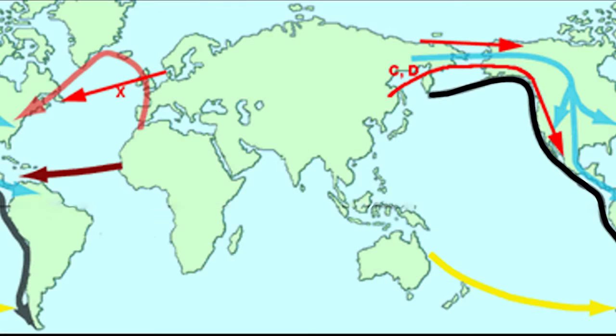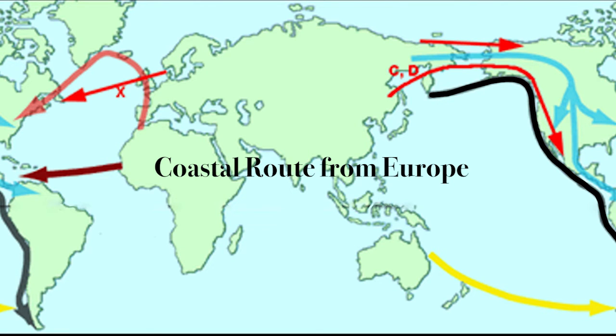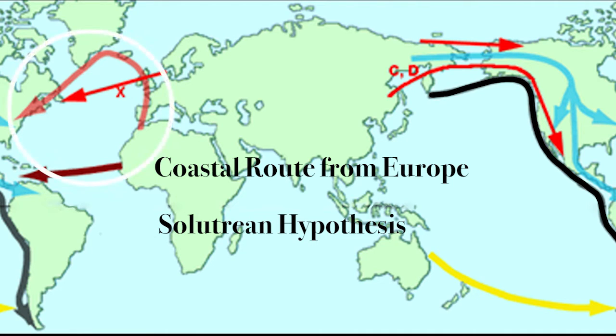A third theory is known as the coastal route from Europe, or the Solutrean hypothesis, indicated by the pink arrow on the upper left, which suggests that Stone Age hunters from France, Portugal, and Spain traveled by boat along the western coast of Europe, skirted the southern edge of a glacier that covered the North Atlantic Ocean, then entered North America from the east.